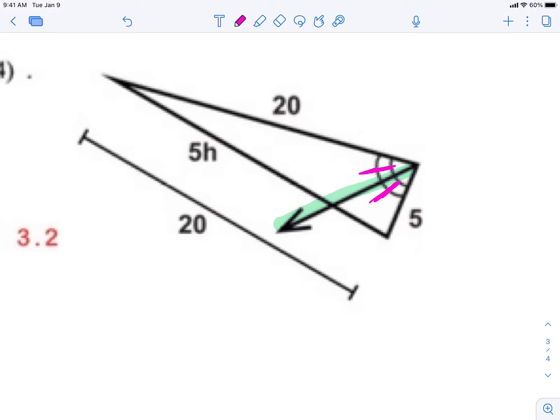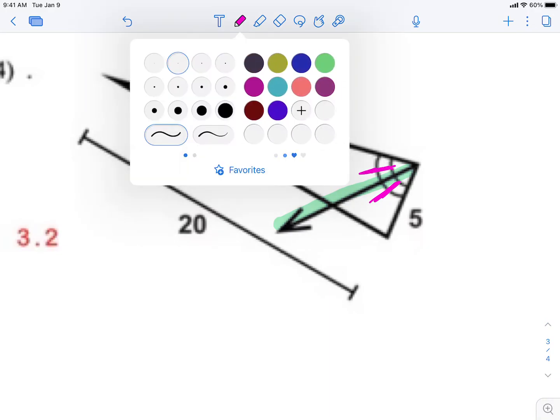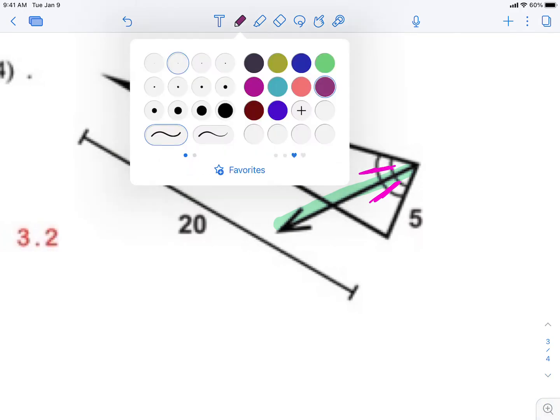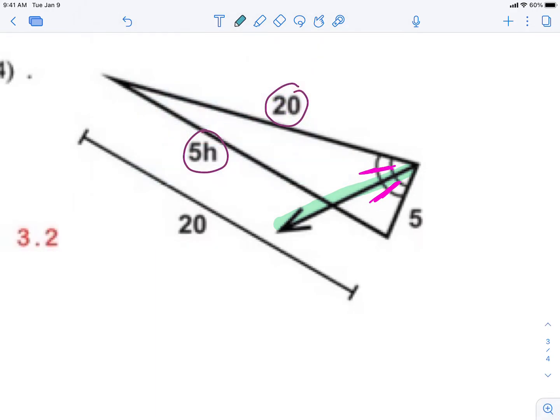Well, when that happens, a special relationship, like we said on the previous one, is formed between the sides, right? So a special relationship happens between 20 and 5h. And then another special relationship happens between 5 and, wait a minute, something should be there, right?